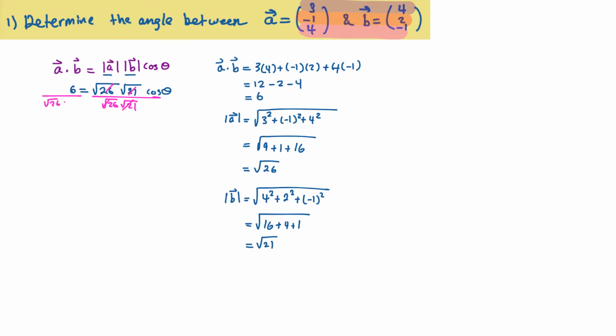And I get that cosine of theta is equal to 0.256776, and the number continues. So theta will equal the inverse cosine of that value. And when we do the calculation, we'll end up getting theta is approximately 75.1 degrees. And that is the angle between vectors A and B.